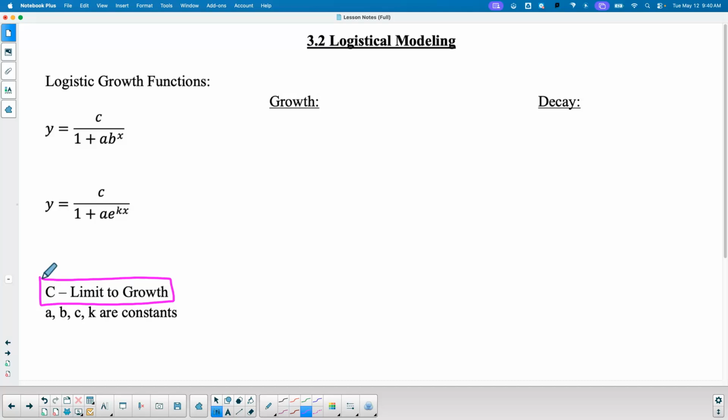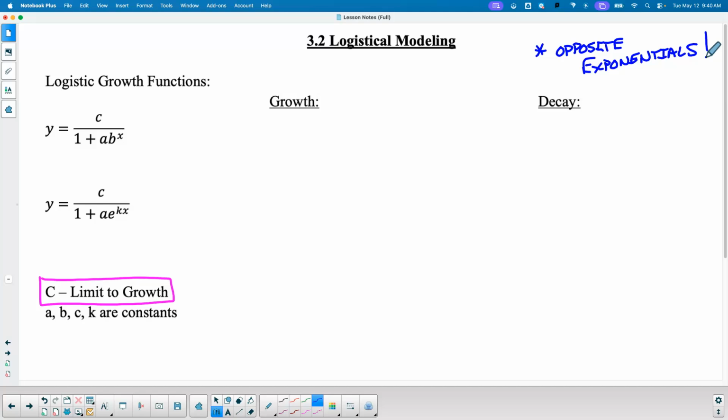Now, logistical functions are opposite of exponential functions. So an exponential growth had a b value bigger than 1.